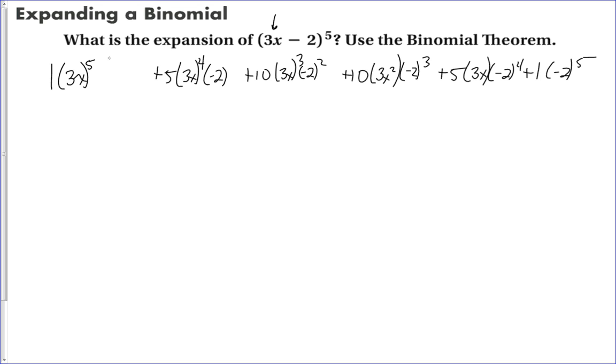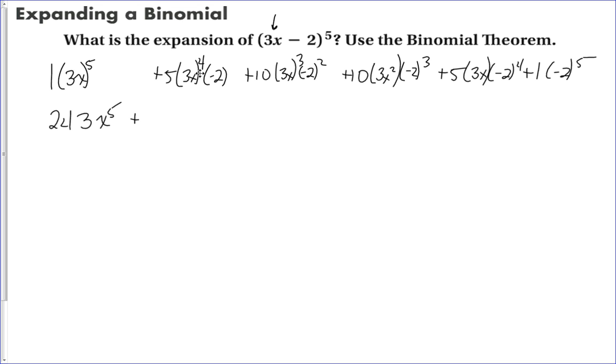All right, 3 raised to the fifth power is 243, and then of course x to the fifth, because you can't forget about your x to the fifth. And of course, 243 times 1 is simply 243. Now plus, we have to go 3x to the fourth.